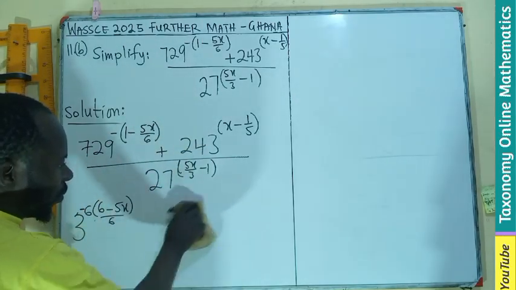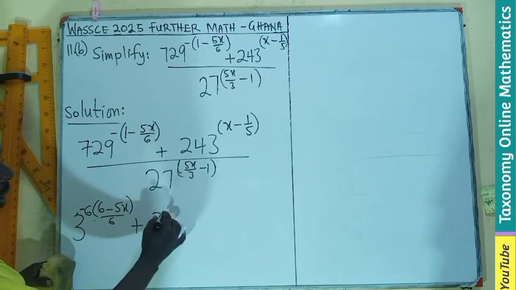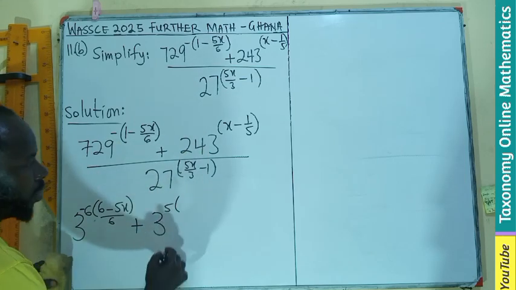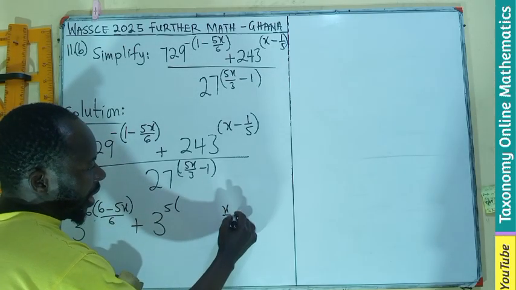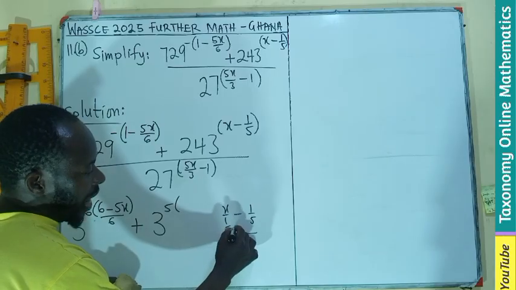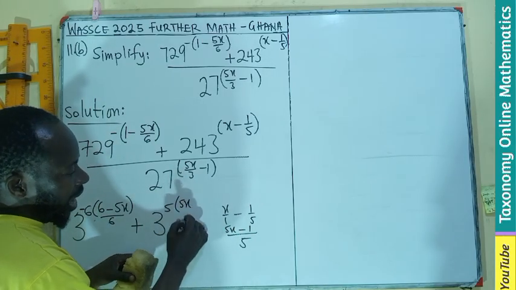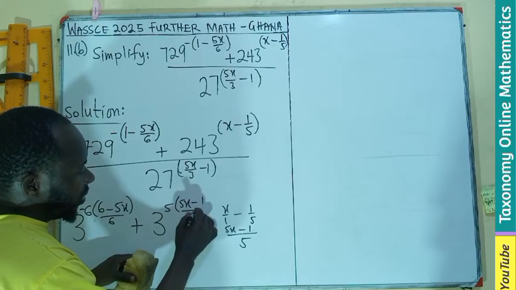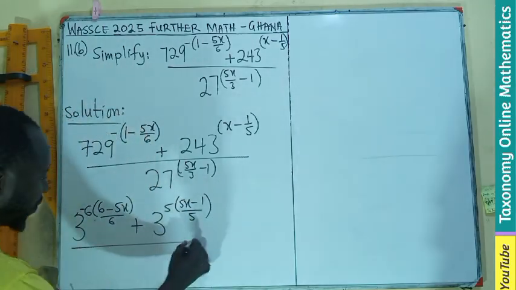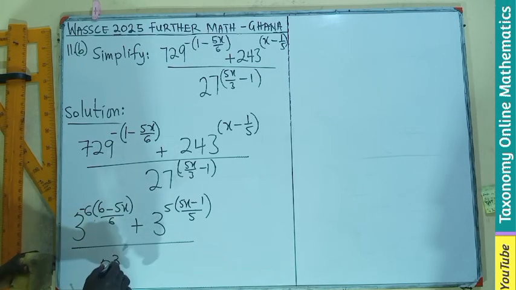But let's look at the second one. This is also going to be plus 3 raised to the power 5, since 3 raised to the power 5 gives you this. Then in the bracket, x over 1 minus 1 over 5, LCM 5, so we have (5x minus 1) divided by 5, all divided by 3 raised to the power 3, which gives you 27.